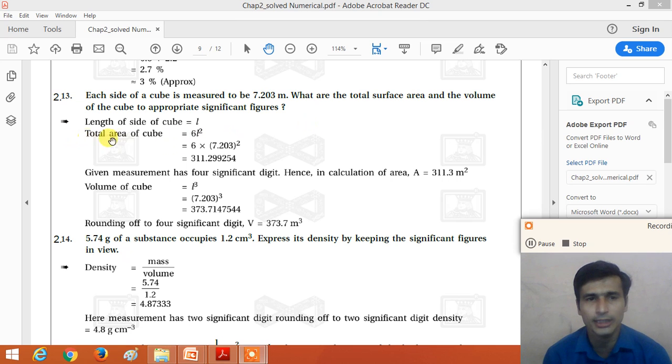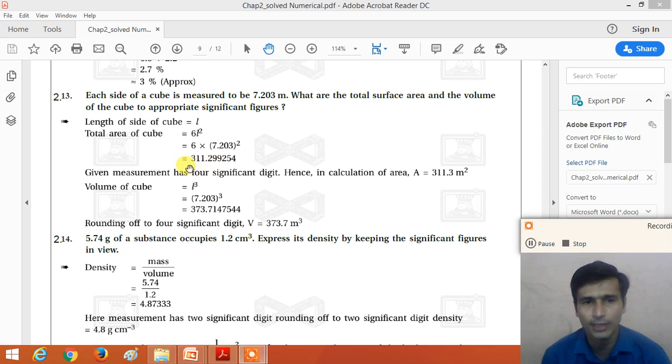So the total surface area of the cube is calculated by 6L square. So 6 multiplied by 7.203 square. If you calculate this, we get the answer 311.299254. So we round up this value up to 4 significant digits. So if we cut down this 4, we leave 5 as it is.